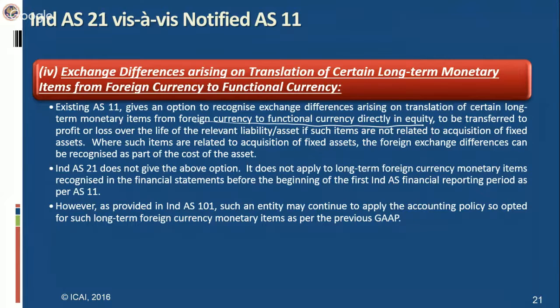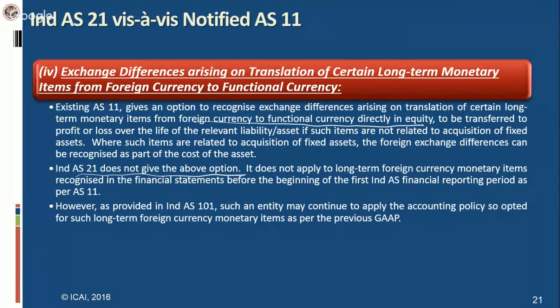But this is a very important difference: Ind AS 21 does not give the entity any such option. We do not have any such option under Ind AS 21. So existing AS 11 gives us more flexibility.